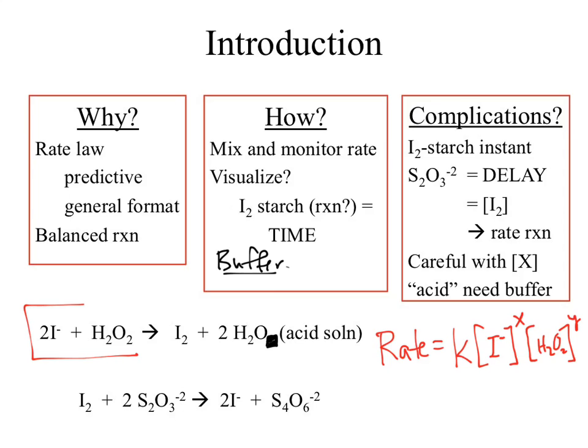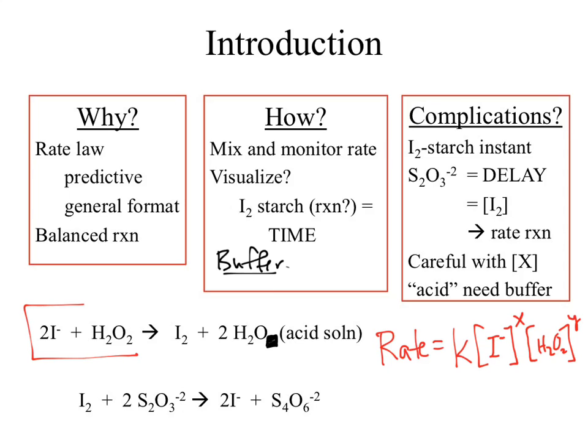Well, if it's no longer there, do we see a color change? No. So what we can do is add in the thiosulfate to prevent the reaction from actually indicating the presence of iodine. We know this reaction is still going to progress forwards to form iodine.